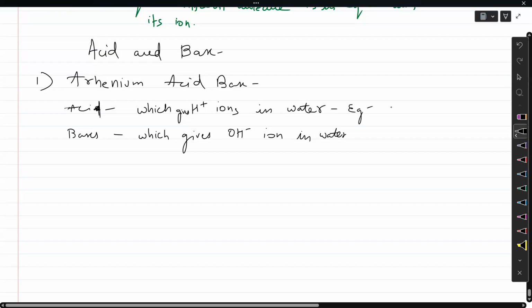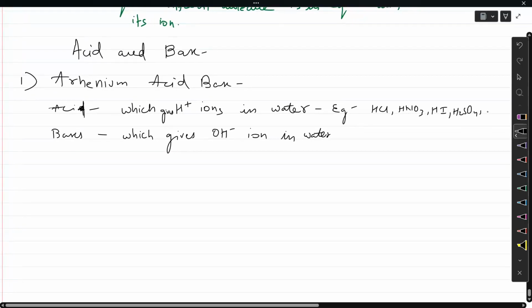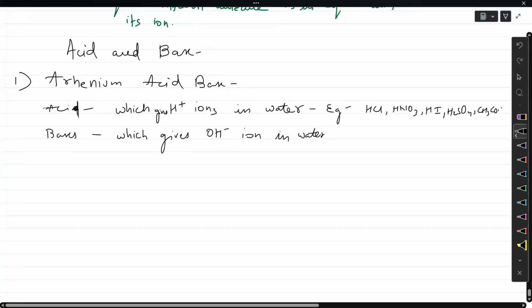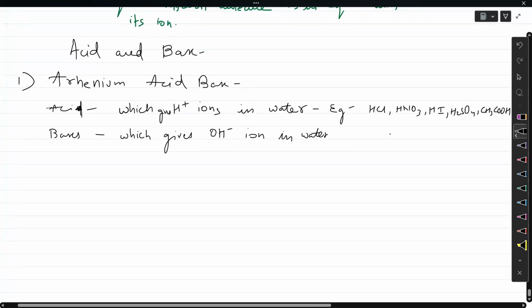Examples are HCl, HNO3, HI, H2SO4, CH3COOH. All of them give H plus ion in water.